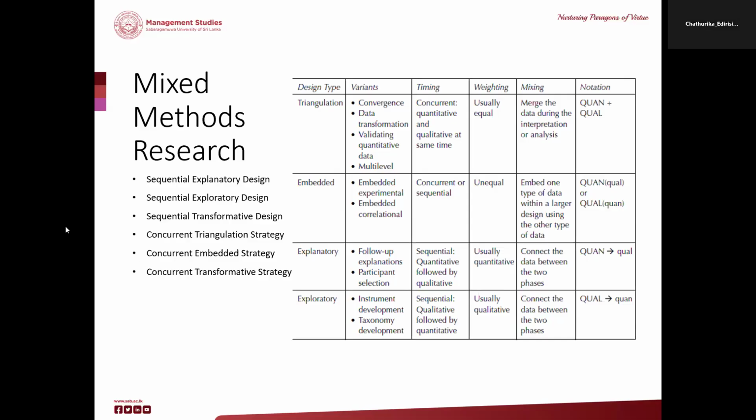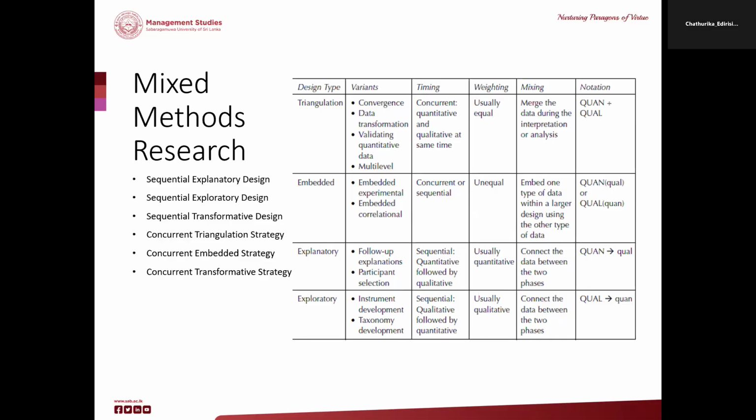For example, if it is sequential, it says that there is a sequence, one after another. So we can understand the first 3 designs are in a sequence order, one after another. Sequential explanatory design. You know, explanatory is descriptive research, meaning quantitative research.